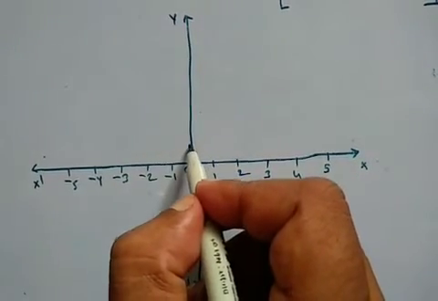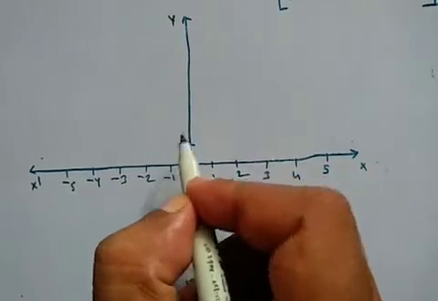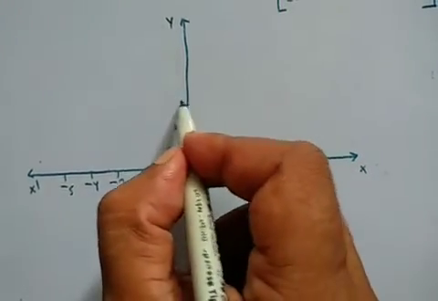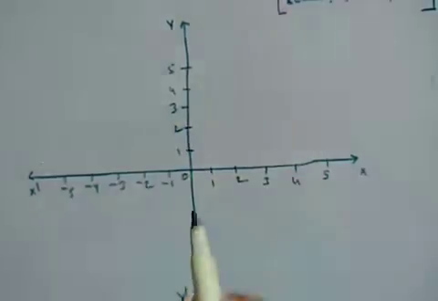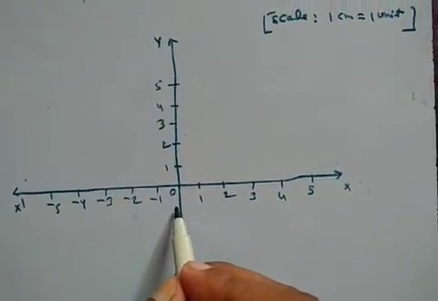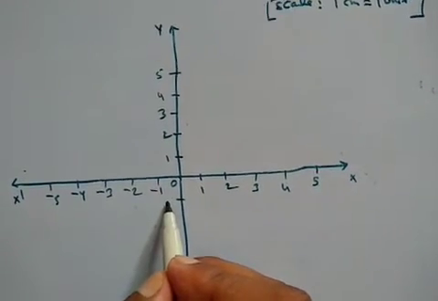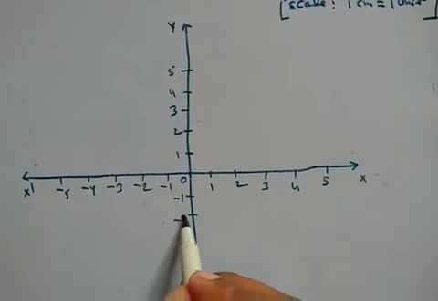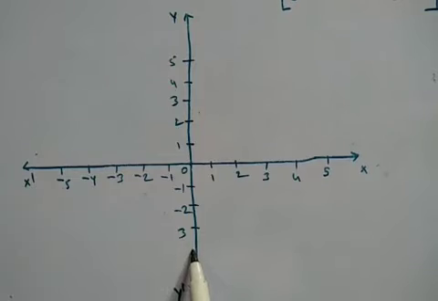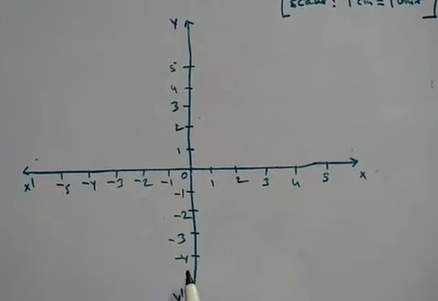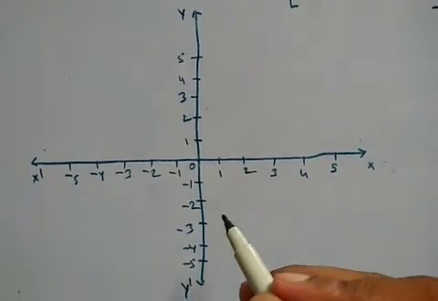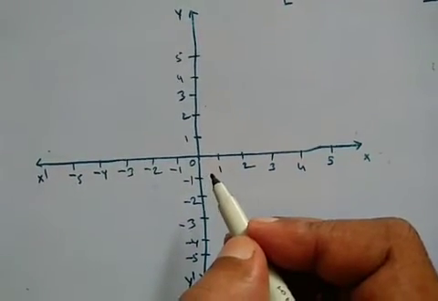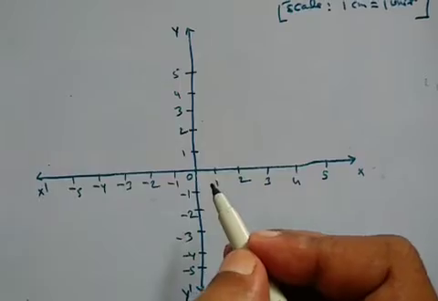On the y-axis 1, 2, 3, 4 and 5, and below -1, -2, -3, -4 and -5. Now we start representing the points.